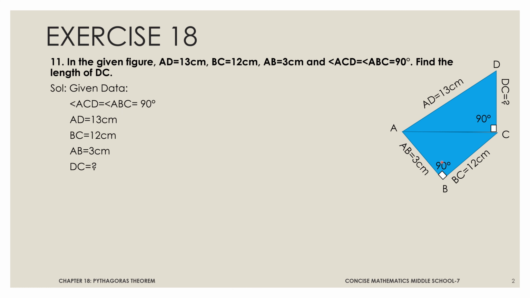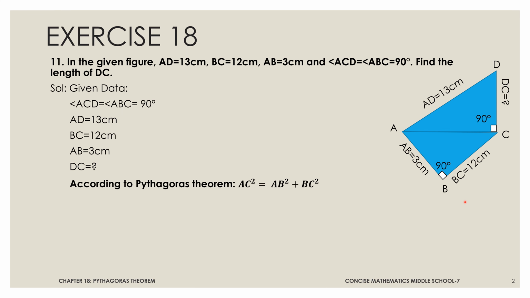This is the way to identify the hypotenuse if they have given this kind of diagram, right? So this is the hypotenuse. So if we consider the right angle triangle ABC, then we can find out this AC. Then later on, when you get this value, it is easy to find the value of DC from this, right? I hope it's very clear why we are going to find this AC by taking this part.